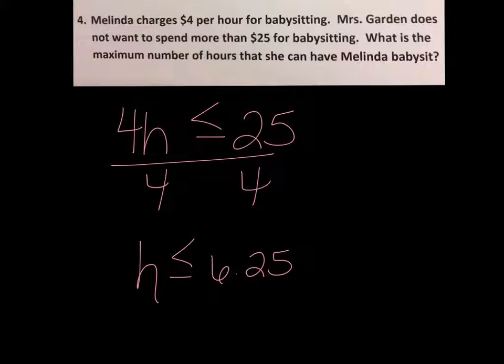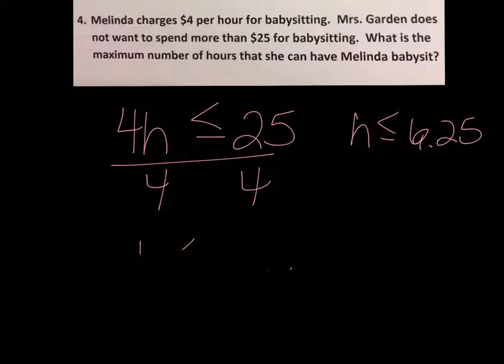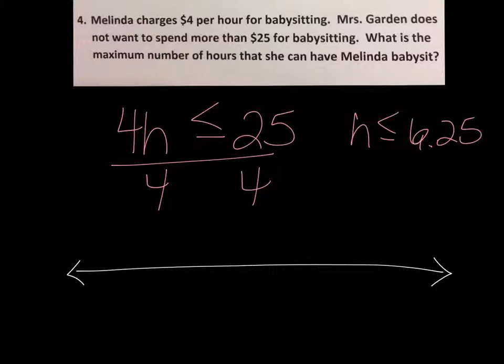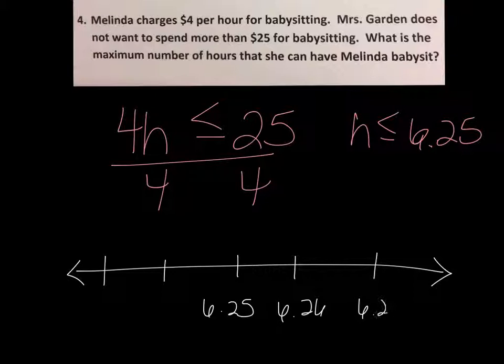Let's see if I can squeeze in my line graph. What if H is less than or equal to 6.25? I'm going to move my answer, and then that will give me some more space down here. Here's my line graph. 6.25, 26, 27.